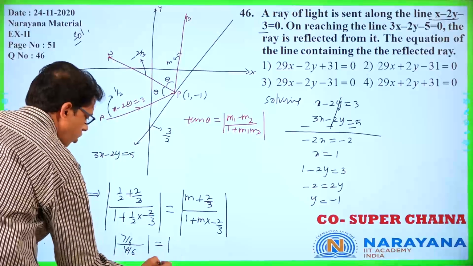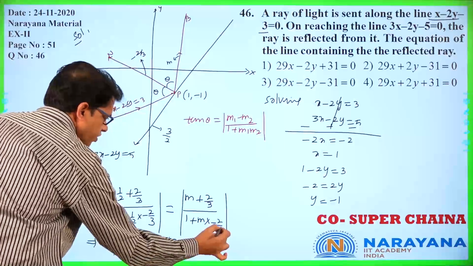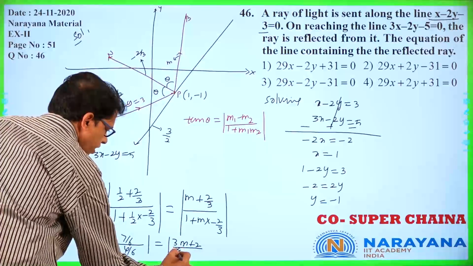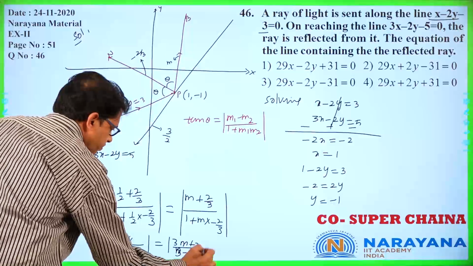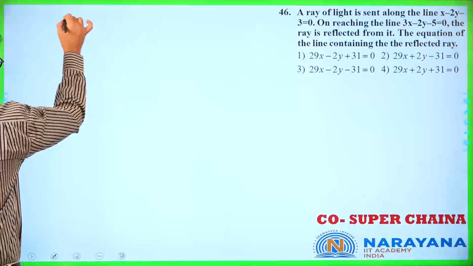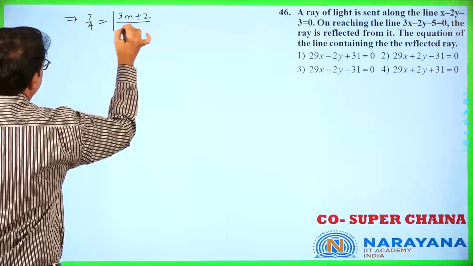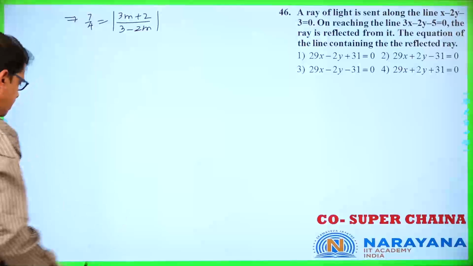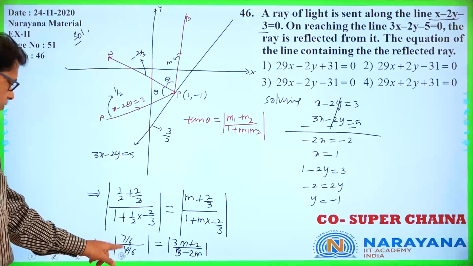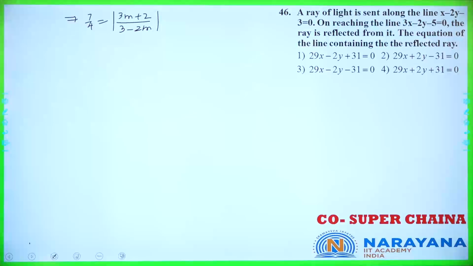This side, mod of 3m plus 2, upon 3 minus 2m. So 7 by 4 equals mod of (3m plus 2) upon (3 minus 2m). Is that right?